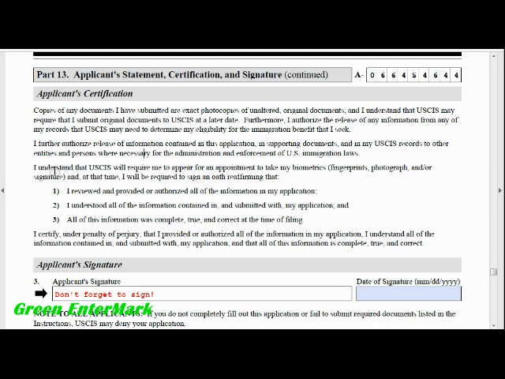Okay, I understand the USA will require me to appear for an appointment to take my biometric fingerprints, and I authorize all information in my application.